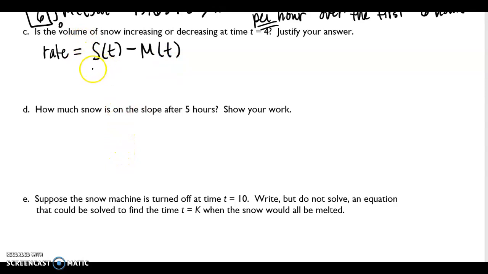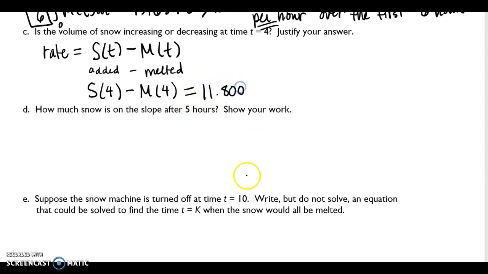Okay, so it's the rate being added minus the rate being melted. And so at t equals 4, if I calculate S of 4 minus M of 4, in my calculator I would just be typing y1 of 4 minus y2 of 4. I get 11.800. And so since that rate is positive, I know the volume of snow would be increasing.